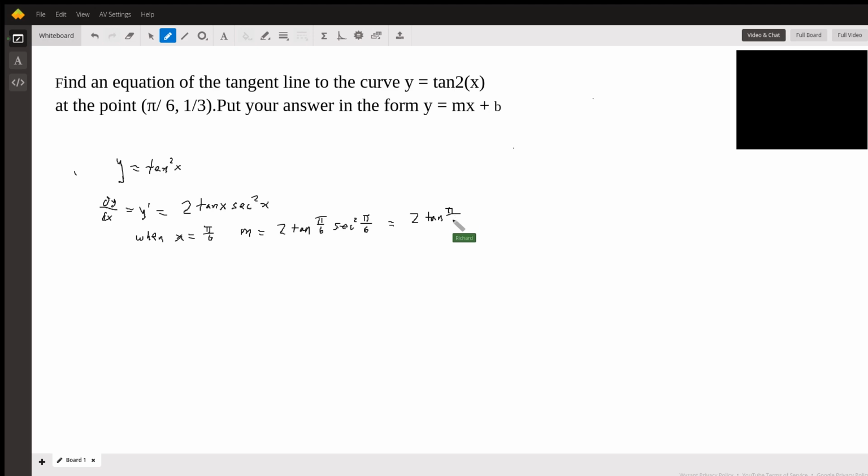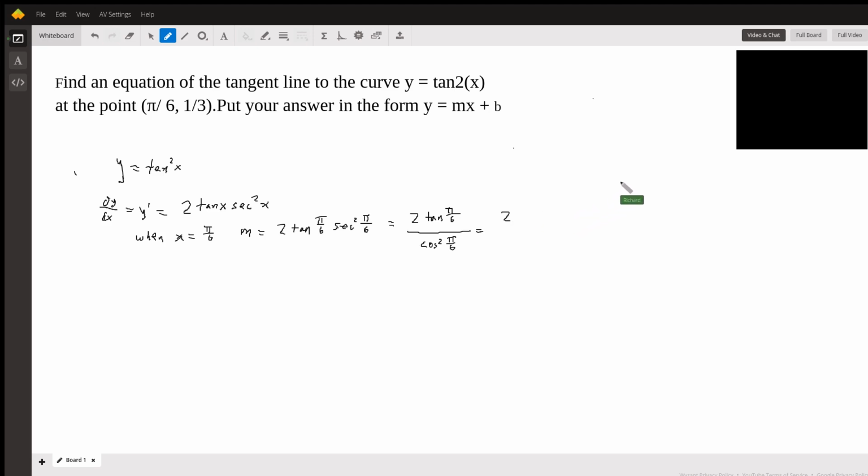You might remember that the secant is just 1 over cosine. So this is going to be cosine squared pi over 6. Okay, so from the unit circle, you might remember the tangent of pi over 6. It's actually sine over cosine.